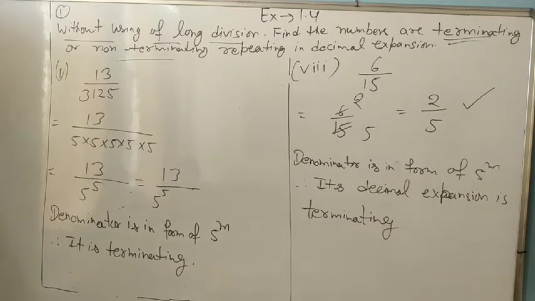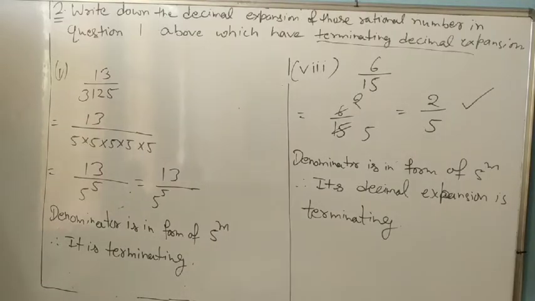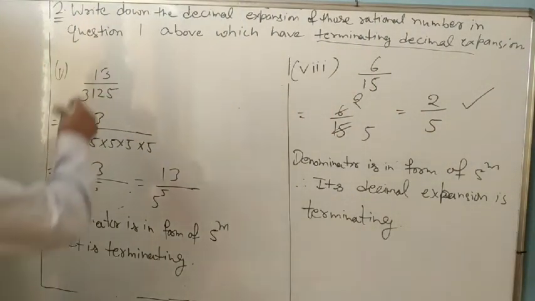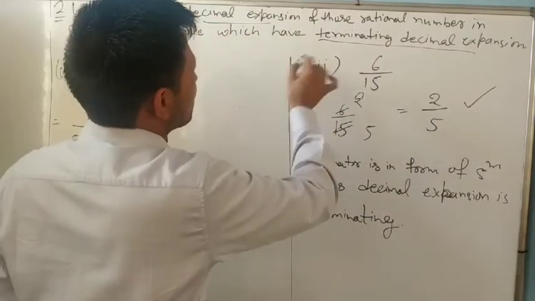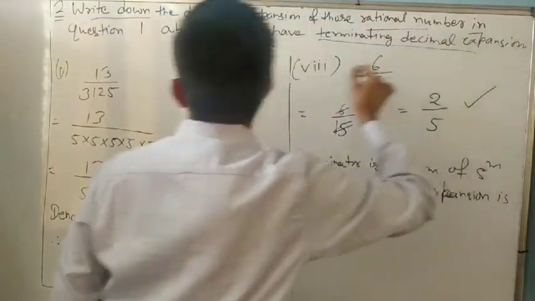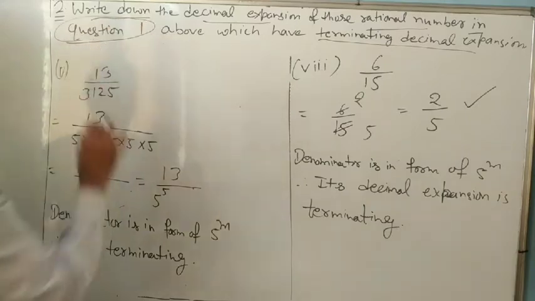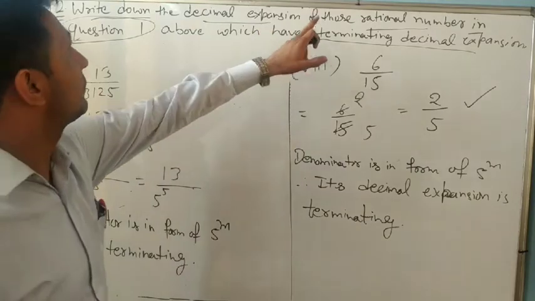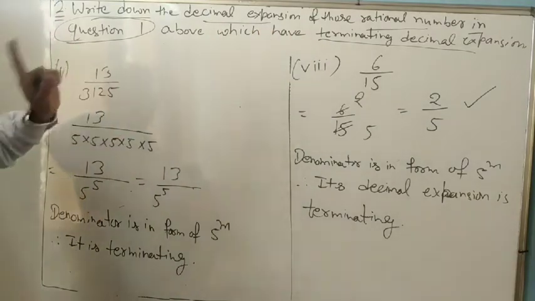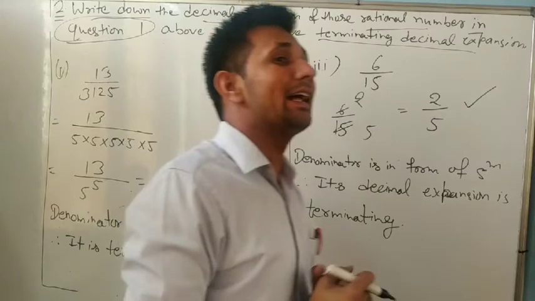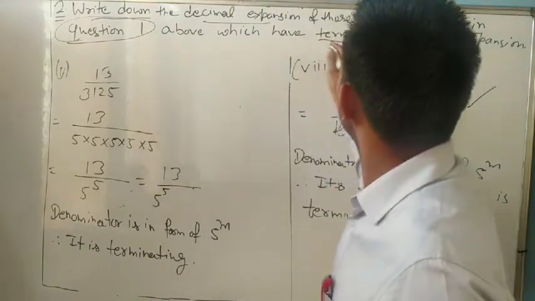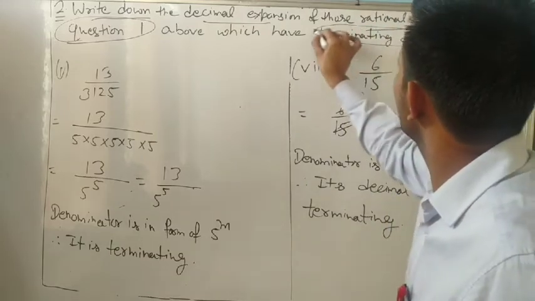Now everyone read question number 2. Question number 2 says: write down the decimal expansion of those rational numbers in question number 1 which are terminating.